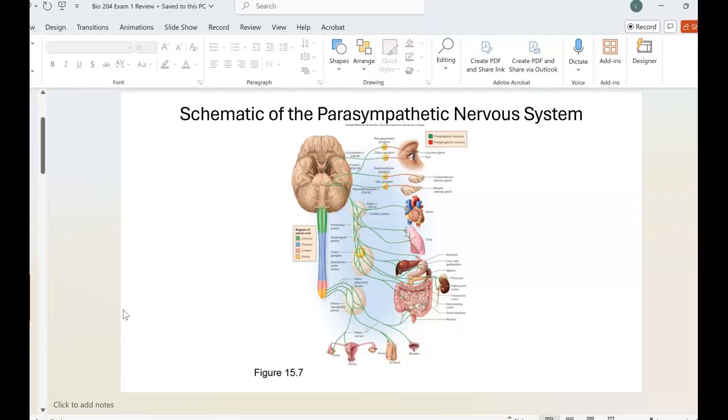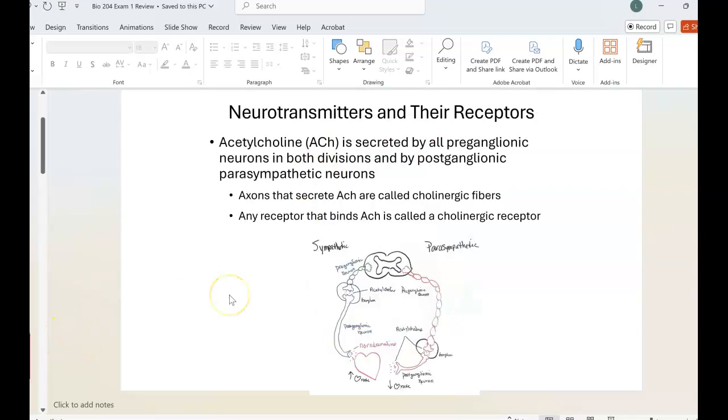So I'm going to suggest practice drawing them out, practice writing about those differences and how you can tell the difference between them. Now, the one thing that we talked about were neurotransmitters. So what we see at all preganglionic neurons is going to be the release of acetylcholine. It's a little different when we have those postganglionic neurons.